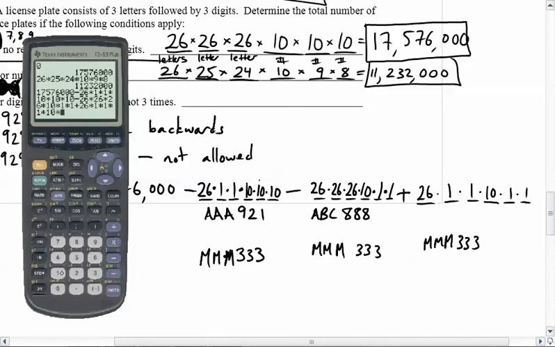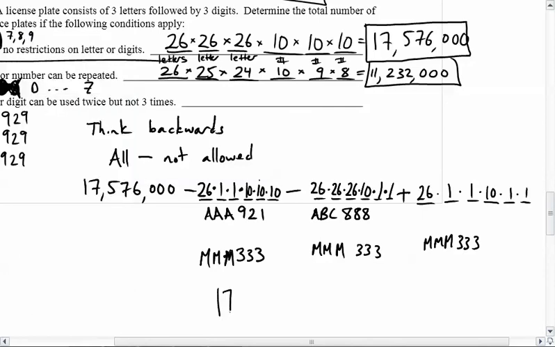So I'm going to add that back in again. And that gives me 17,374,500.